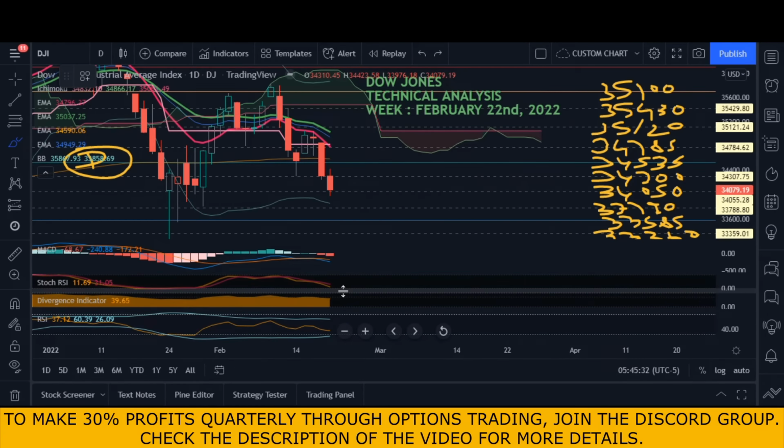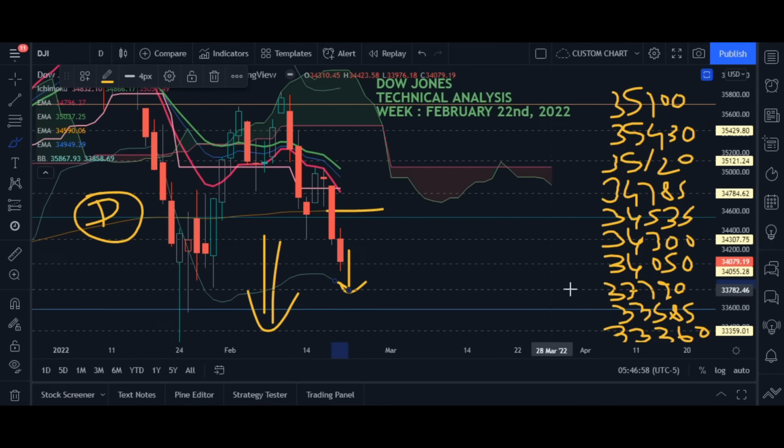Whenever the market comes down, the lower band of the Bollinger Band will be somewhere around here, and the market will hit this 33,790. Chances are it is going to hit 33,790, and if it breaks below 33,790, then it will come to 33,585.